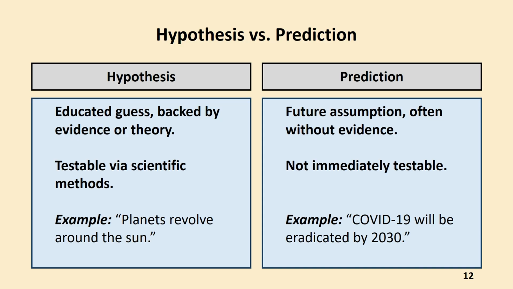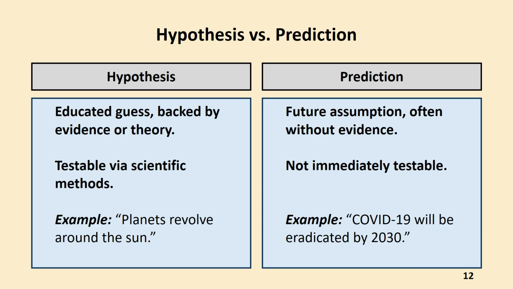You use your observation, your literature review, your experiences, various kinds of available literature and supporting evidence in forming a hypothesis. But in prediction, you may be emotionally predicting that this will happen, but it is not immediately testable, and you will not have any scientific methods to test it.